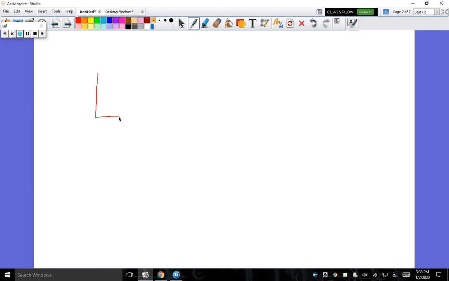Left Riemann sums will look like this. Right Riemann sums will look like this. Midpoint Riemann sums will look like this, because you are looking at base times height to get that area.